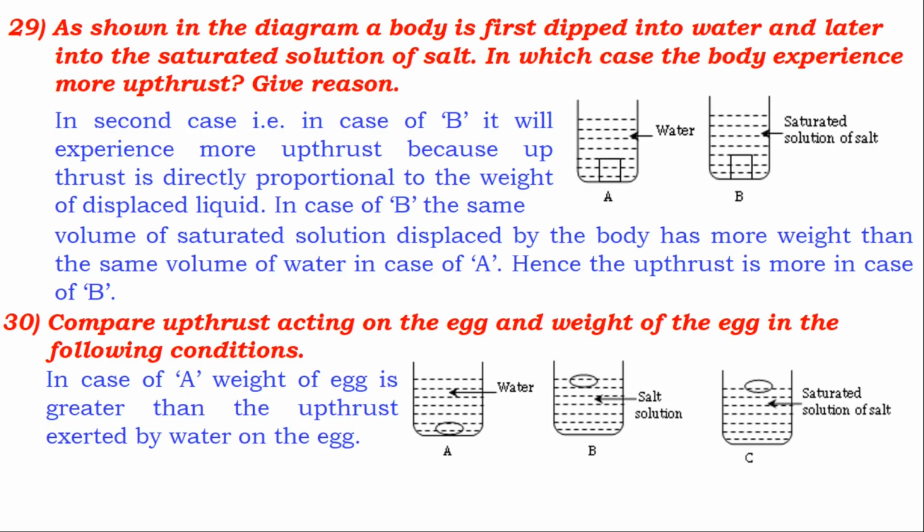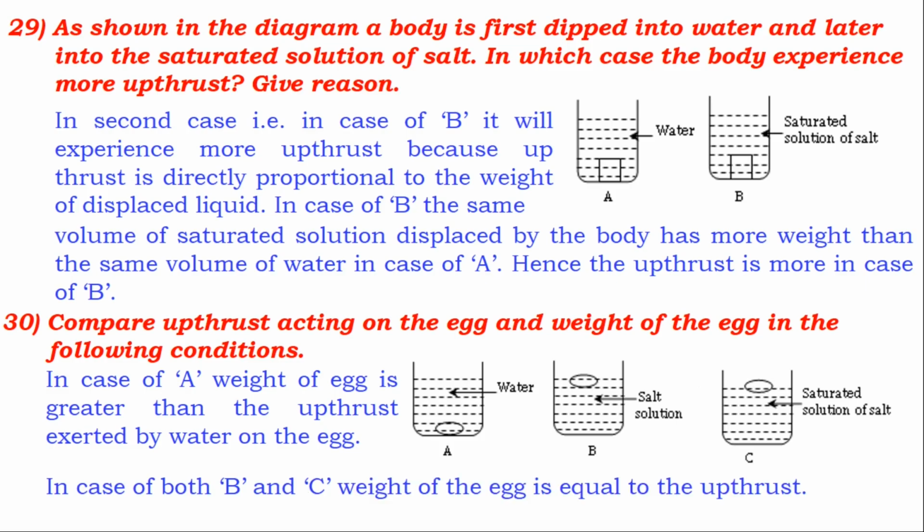That's why the weight is more, so it is sinking. But in case of B and C, upthrust is equal to weight of the body. That's why it is floating, but floating differently. But in both the cases, the object is floating. And so, upthrust and the weight of egg is equal in both the cases. So, we can write this way. In case of both B and C, weight of the egg is equal to the upthrust.